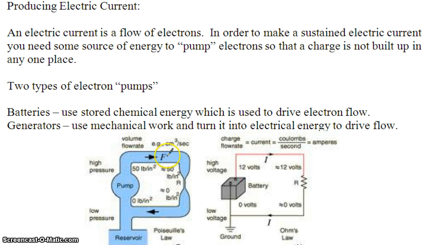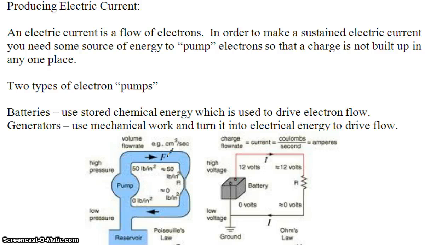The water flows away from the high pressure, goes through some sort of restriction, which is like an electrical resistor, and makes it back to the pump. Well, the battery or the generator is like a pump. It makes one side of the battery with a high electric potential and one side with a low electric potential, and the charges flow from high potential to low potential.